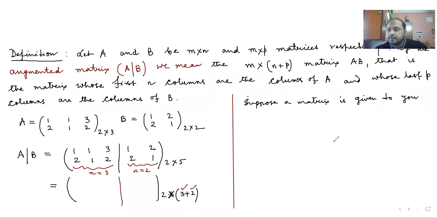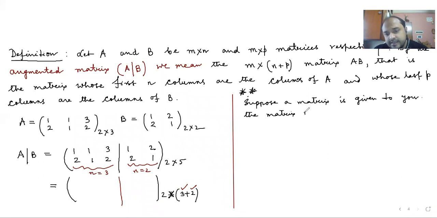Many things are written in the book, so I'm giving you the strategy in very brief, in my style, so that you will find it easier to understand. The matrix is denoted by capital A.